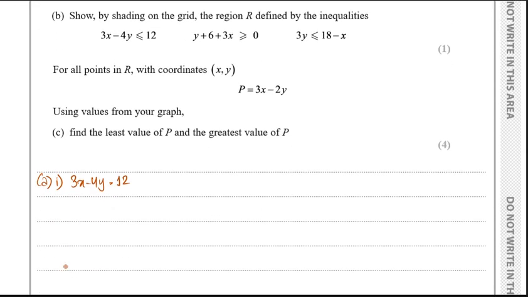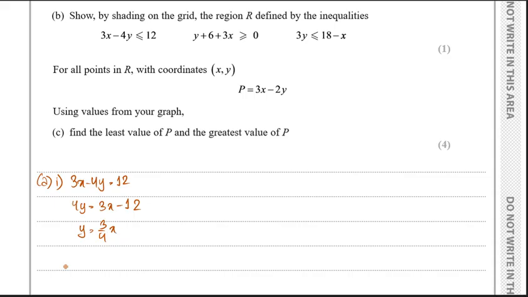Let's make y the subject here. So this would be 4y. If I take 4y to the right hand side and bring 3x and positive 12 to the left hand side, it will become negative 12. So y equals 3 by 4 if I divide by 4 on both sides.